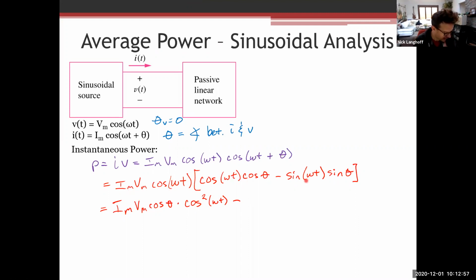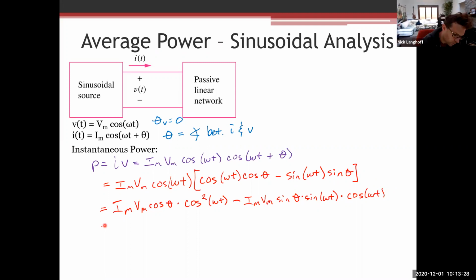So we're going to get a minus Imax Vmax sine theta times the sine of omega t times the cosine of omega t. All we've done is distribute that Imax cosine omega t into the brackets and then pull out the cosine theta.